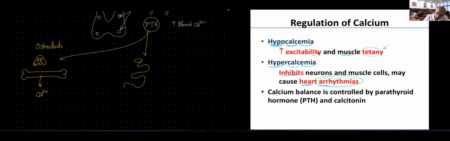Remember, in order for you to absorb calcium, you need active vitamin D. So the PTH action is going to be to activate vitamin D, which will allow you to enhance the absorption of the calcium from the foods that you're eating. And as you increase the absorption of calcium, the blood calcium level is going to go up.